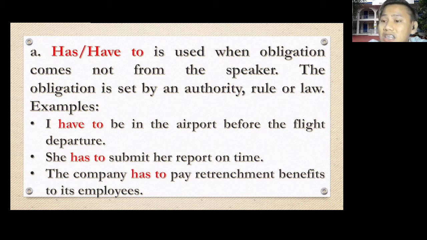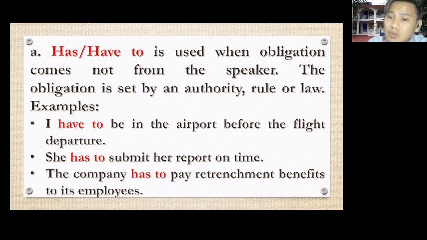Because it is under the law, or rule that they have signed in their contract as a company employee agreement. All right, understood? The obligation is set by an authority, rule, or law that needs to be followed. Understood? Okay, that is how we use has to or have to in our sentence under obligation.